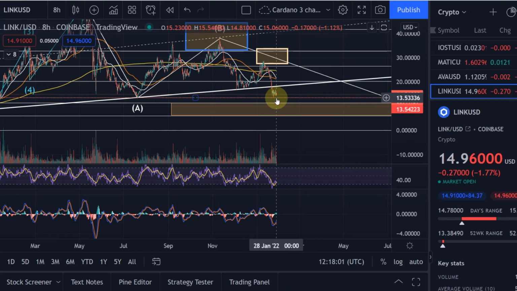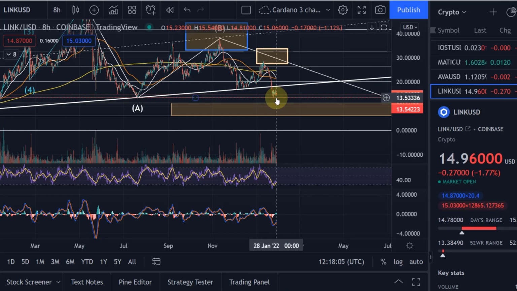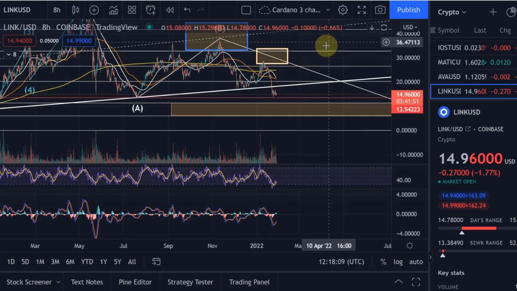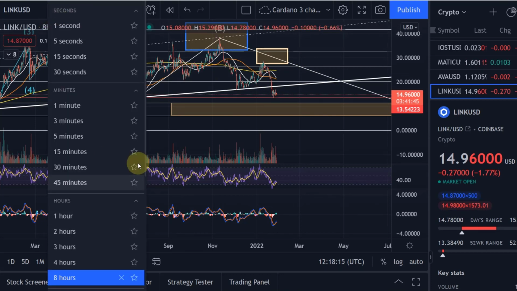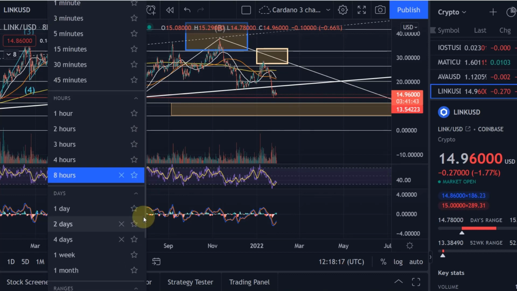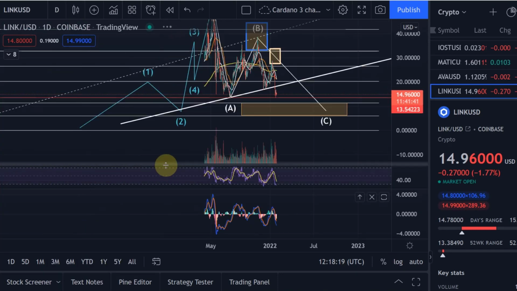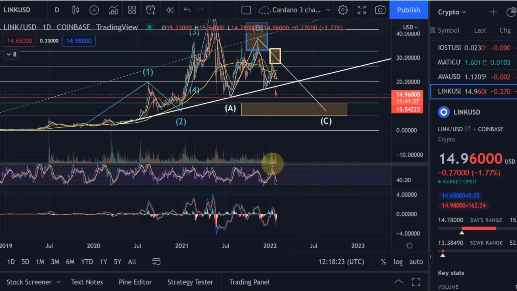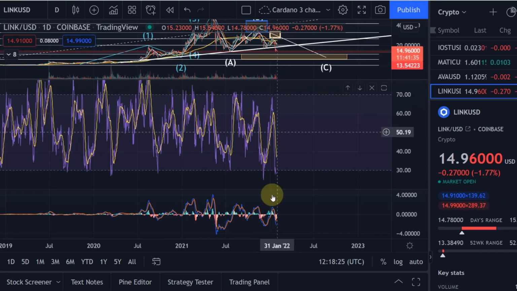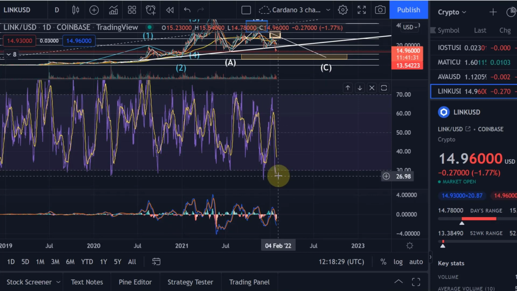Now the message is we're sitting at this last resort for the bulls, I would call it, where the correction could be over, but to do that we would now need to see a really strong start to the upside. I doubt we will see that, in line with my expectation for what Bitcoin should be doing going forward. We're also very much oversold on the daily RSI, so there should be a little bit of a move up at least, because otherwise you can hardly have another sell-off.